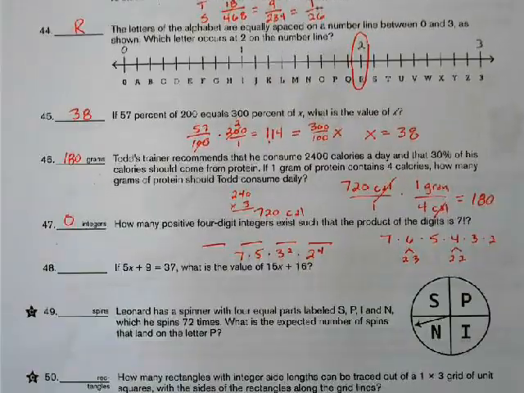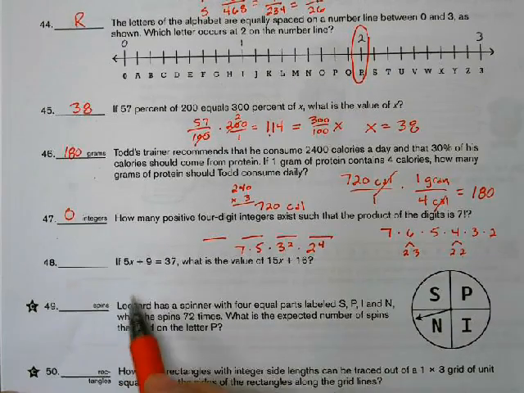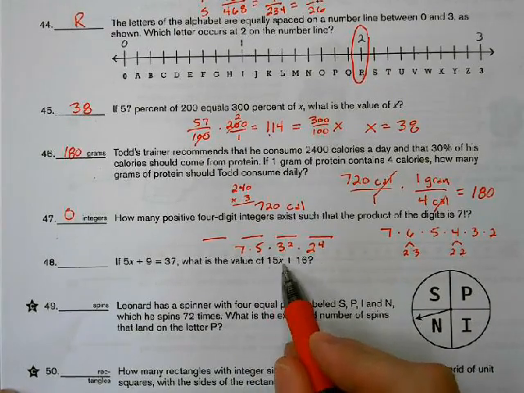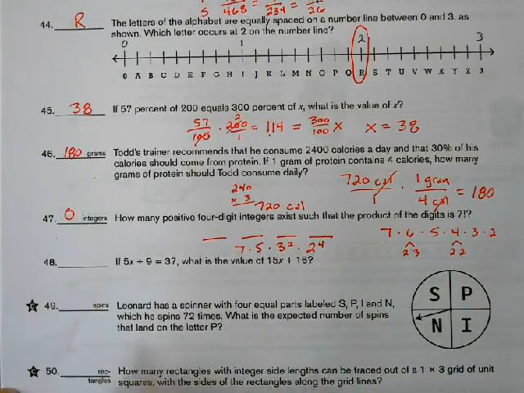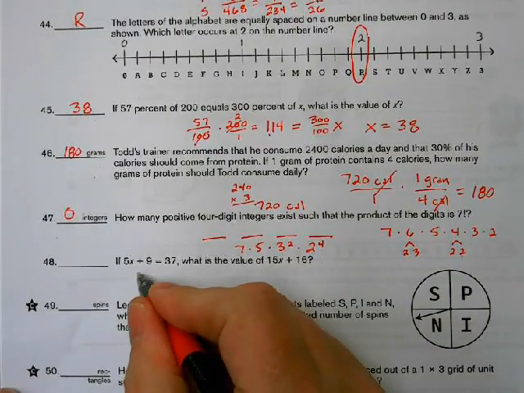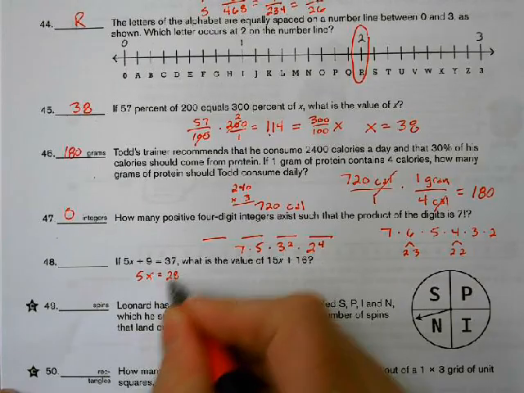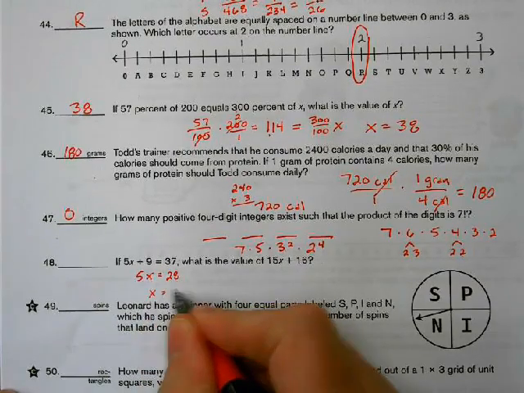Next. For this one, we've got 5x plus 9 equals 37. What is the value of 15x plus 16? All right, so I would subtract 9 from both sides. I'd get 5x is equal to 28. And divide by 5, and I get x is 28 fifths.